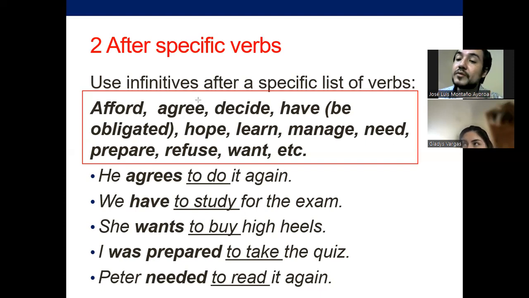So let's try to use some of them. All right. And I'm going to make you practice the one that you told me you're not sure about, the present perfect. So, agree. What example can you give me in the present perfect with agree, and after agree, you use an infinitive? So, what do you say? With agree, yes, agree.